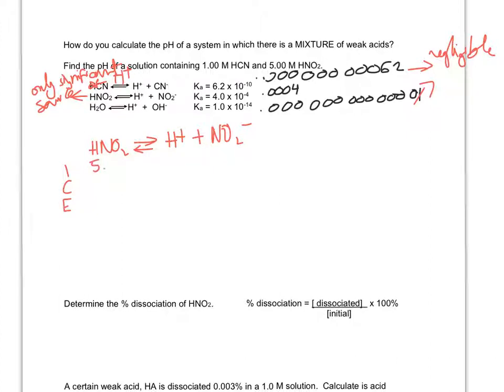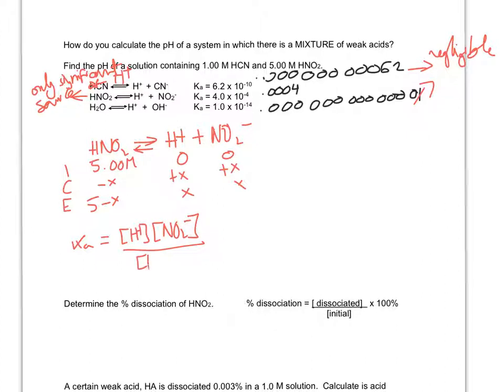This is 5 molar, 0 and 0, minus X, plus X, plus X, 5 minus X, X, and X. My Ka is going to be the concentration of H plus times the concentration of the NO2 minus over the concentration of the HNO2. And so 4 times 10 to the negative 4th is equal to X times X over 5 minus X.